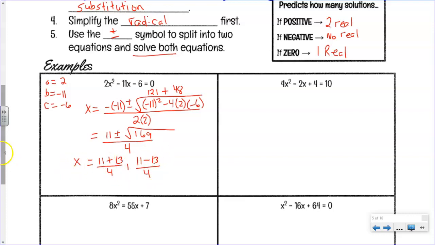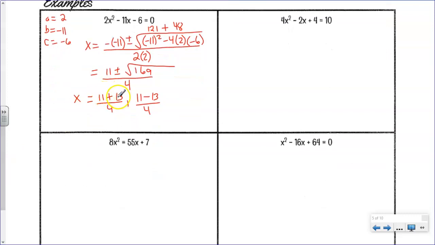I need to simplify. So 11 plus 13 is 24. Divided by 4 is 6. Okay, so we're going to use these little squiggly marks to put 6 here. 11 minus 13 is negative 2 over 4. Simplify that would be negative 1/2.